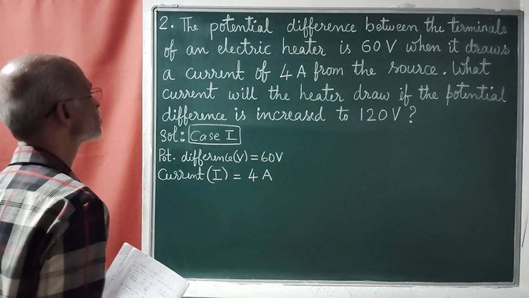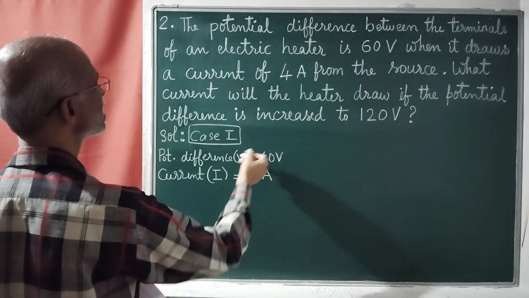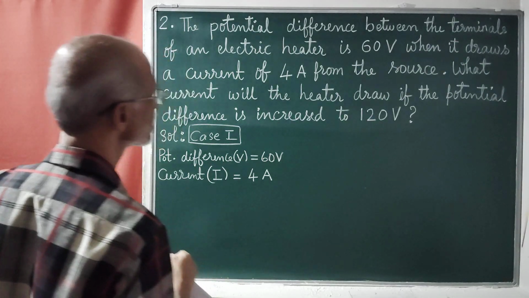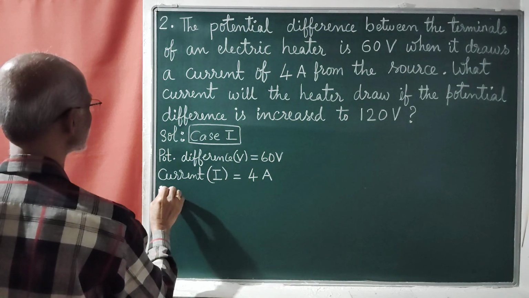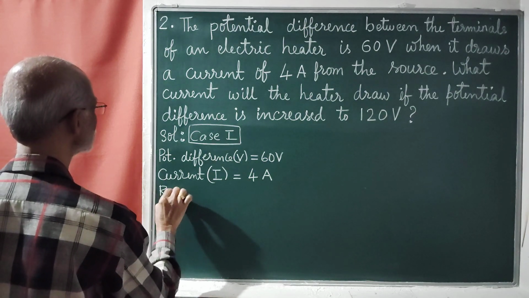In this, we'll use the values of V and I to find the value of R, the resistance.